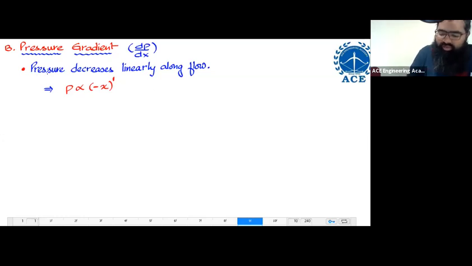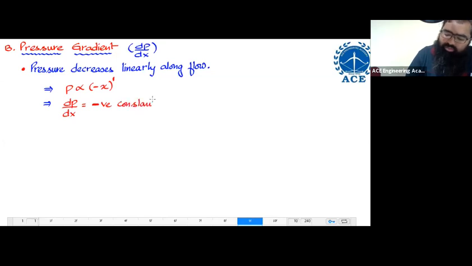So whatever statement I have written, I am converting that statement to a mathematical equation: decrease means minus, linearly means power 1. If I have this particular situation, this further implies the value of dP upon dx will become a negative quantity, and furthermore, it should become a constant.